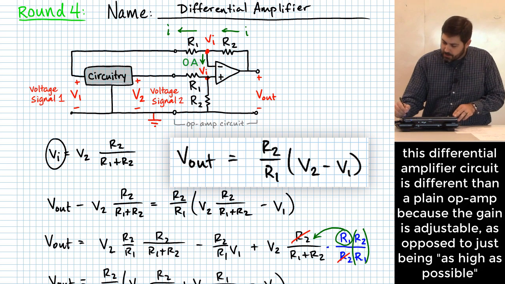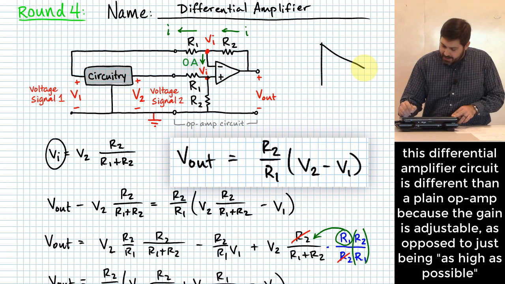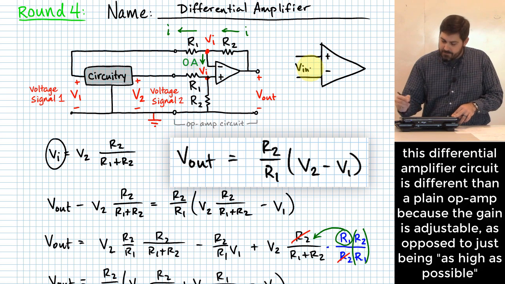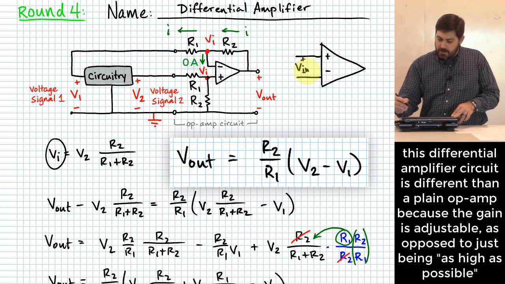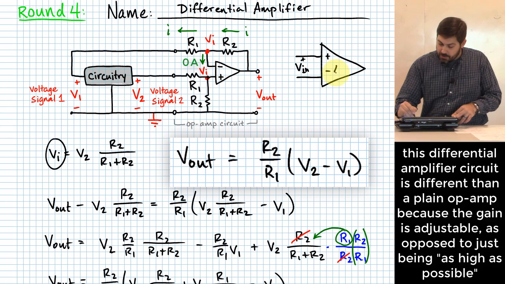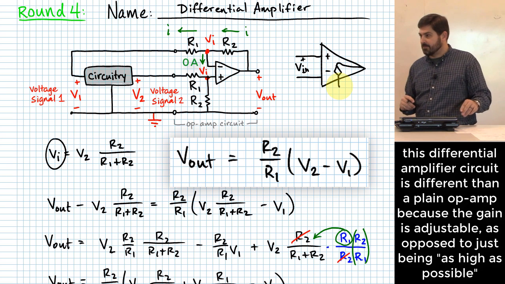You might remember the model of an op-amp that we had. You take these two inputs and you find the difference between them. That would be like a V in. And what's inside of the op-amp? You had a gain of G multiplied by the V in, and that became the basis for the voltage that came out of a dependent voltage source.